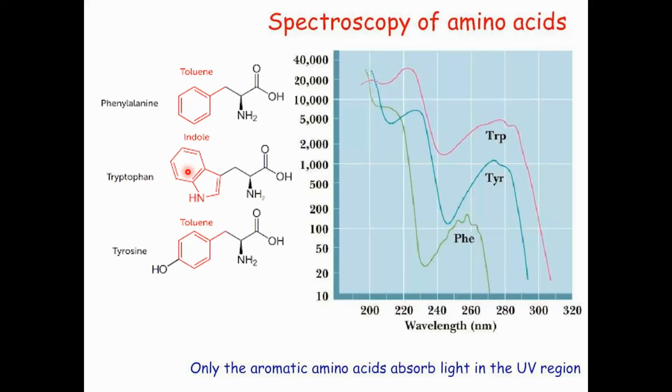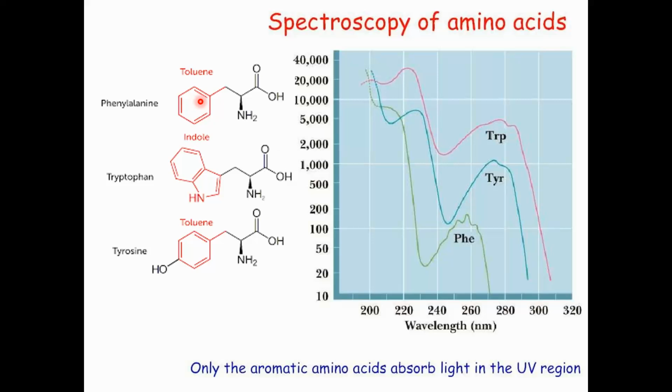For tryptophan, we call this ring an indole ring, a closed ring with conjugated double bonds. And for tyrosine, we again have toluene attached to a hydroxyl, and this ring also has conjugated double bonds. Because of this closed ring with conjugated double bonds, these three amino acids are able to absorb UV light.